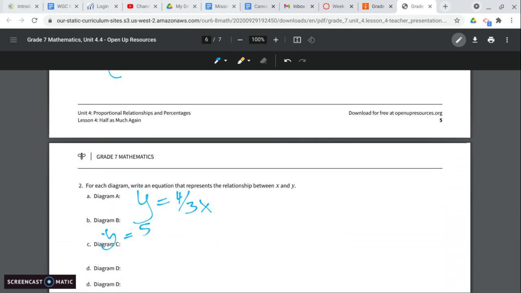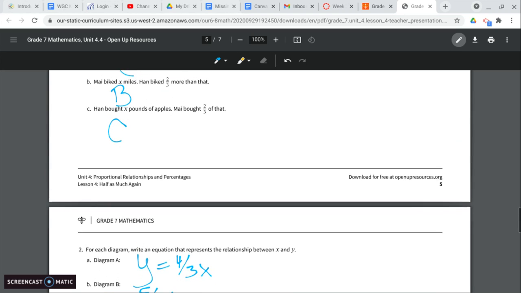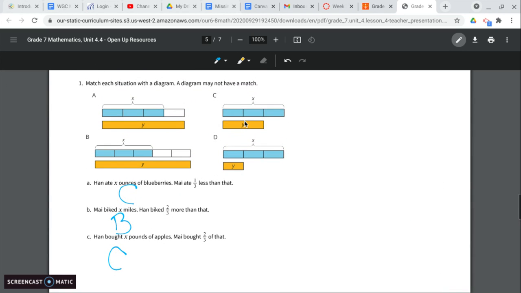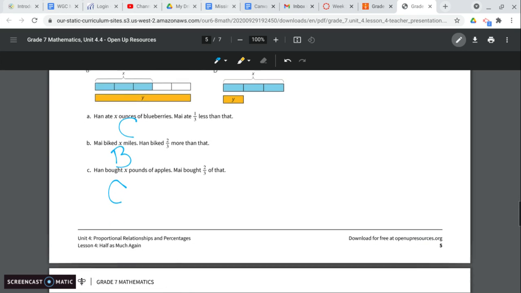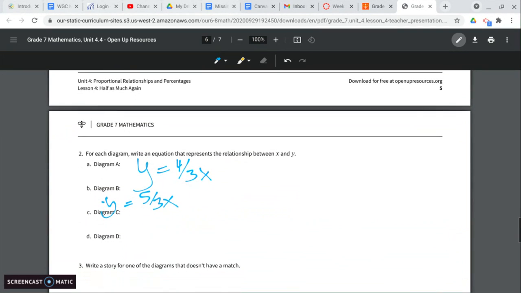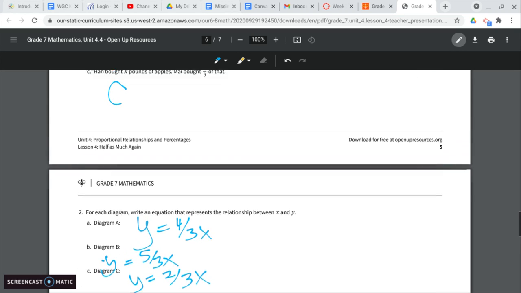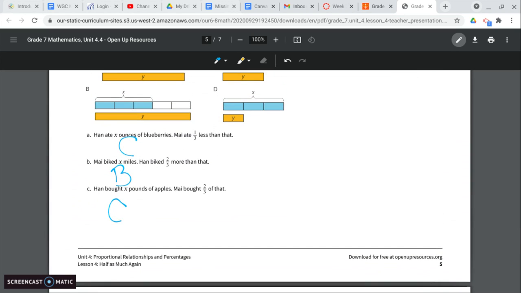All right, for diagram C, which we use the most, this one is going to be y equals 2/3, because y is 2/3 of x. So y equals 2/3 x. And then last but not least, diagram D is going to be y equals what?